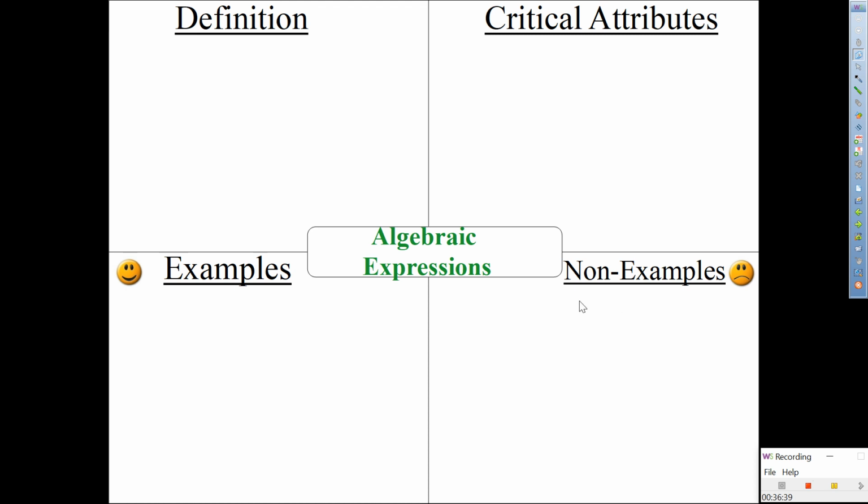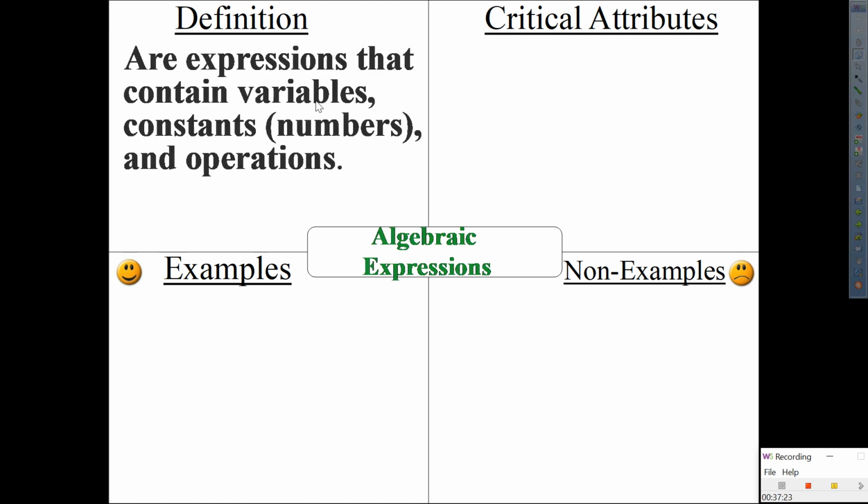Yeah, very good. Expressions that contain variables, numbers, and operations. You write that down. Now, the numbers by themselves, without any variables next to them, are known as constants. You've probably heard that before, yes?